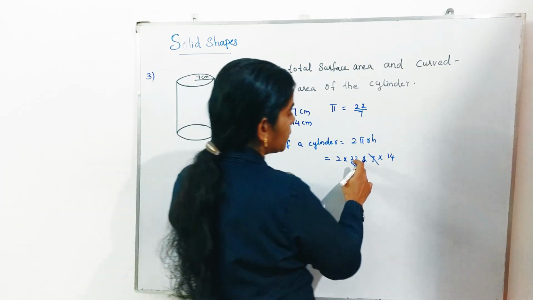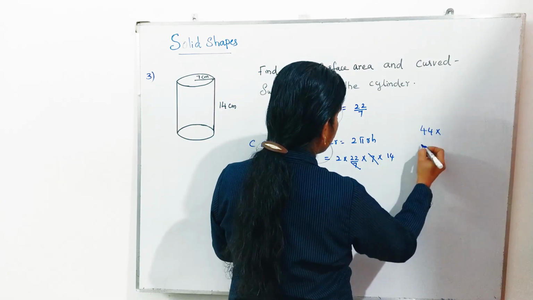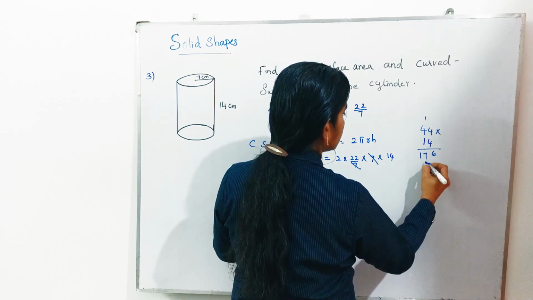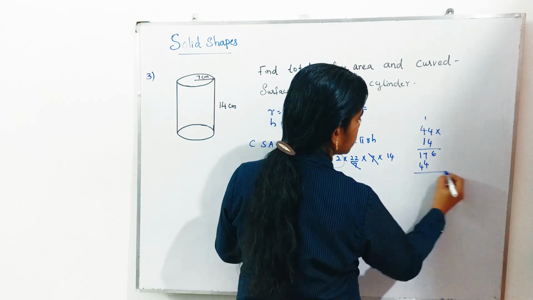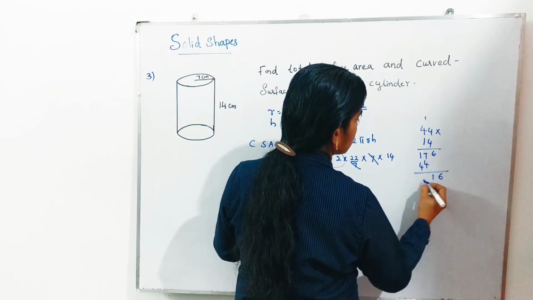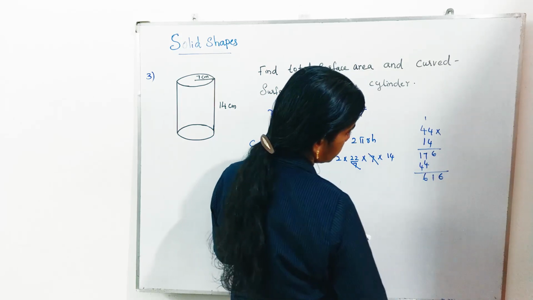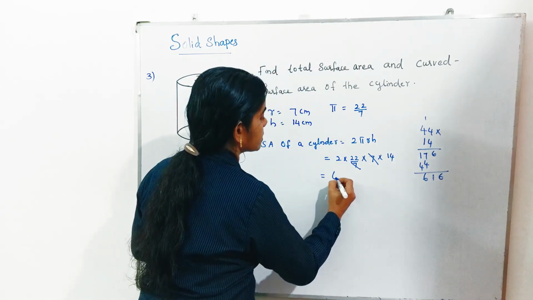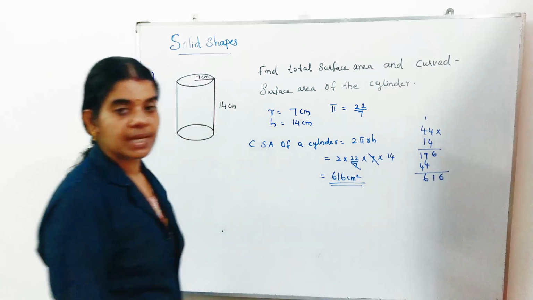Then 2 into 22, 44. 44 into 14, 616 centimeters square is the curved surface area of the cylinder.